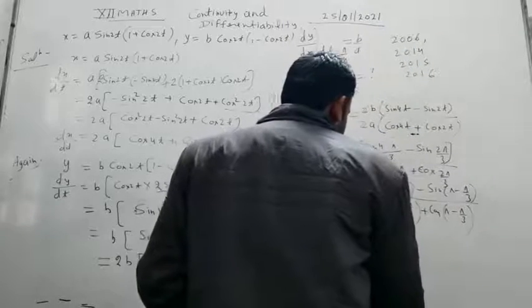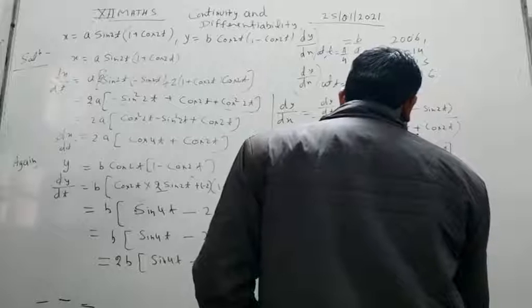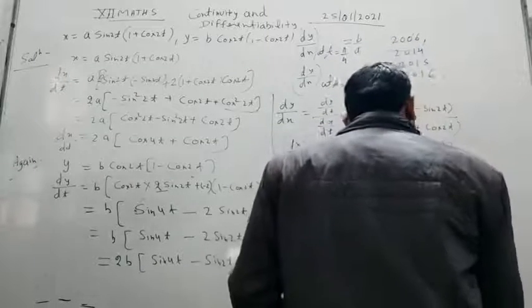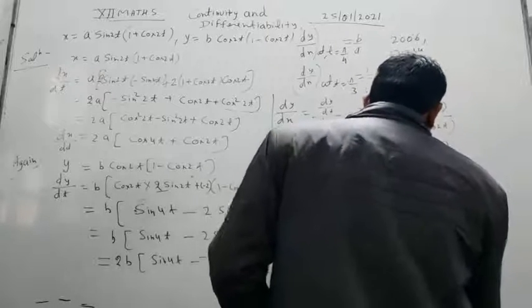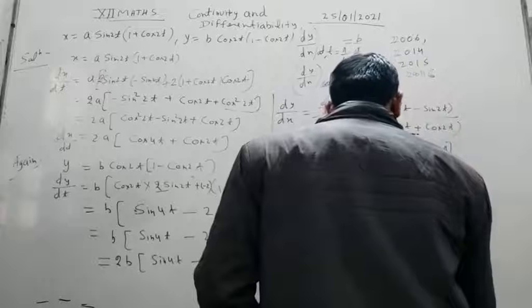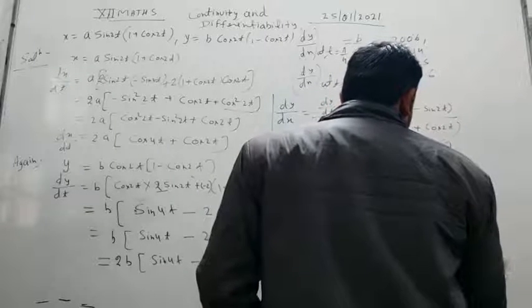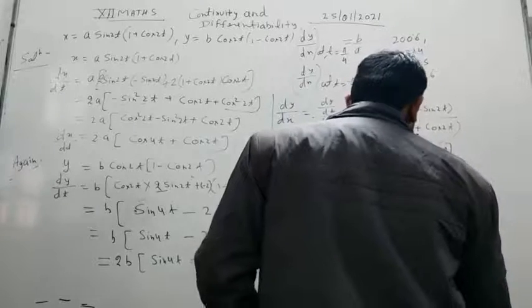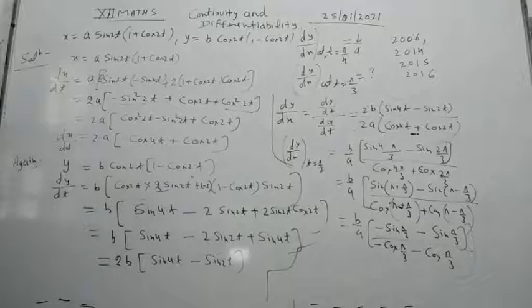Now b by a, sin pi plus theta is minus sin theta, and sin pi minus theta is sin theta, and cos pi plus theta is minus cos theta, cos pi minus theta is minus cos theta. Okay student, now we put all the values and get the result.